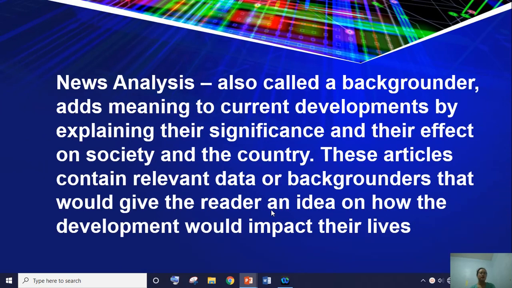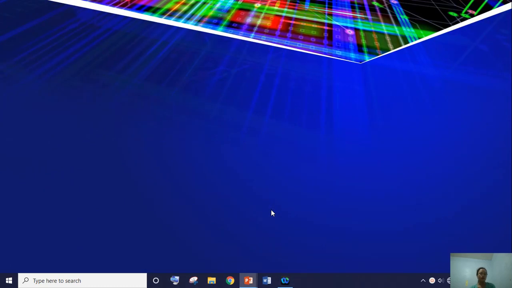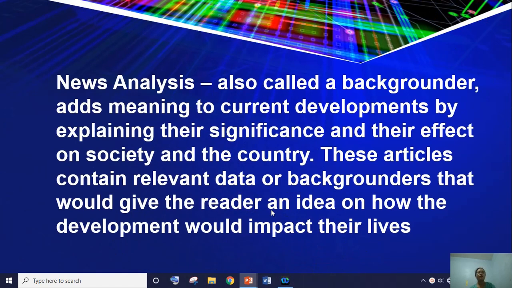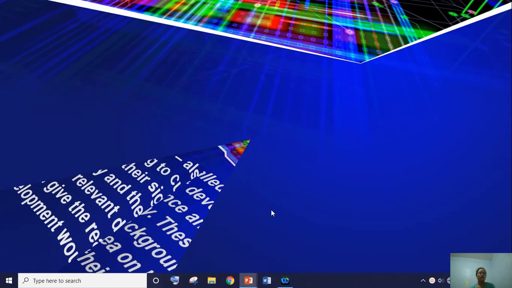News analysis, also called a backgrounder, adds meaning to current developments by explaining their significance and their effect on society and the country. These articles contain relevant data or backgrounders that would give the reader an idea of how the development would impact their lives.